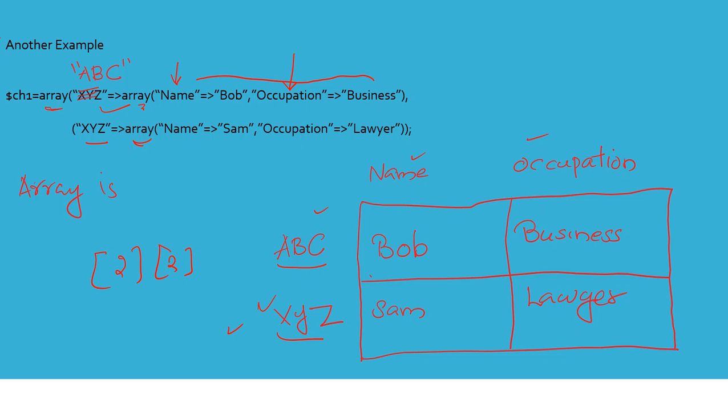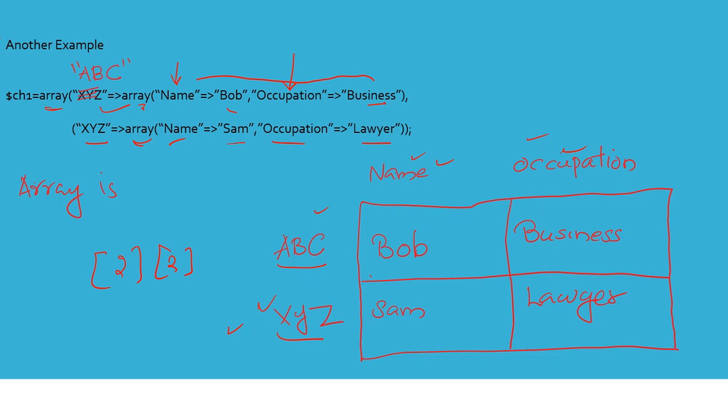The column values remain the same for both rows, as we know. The same name and occupation values are inside the second array function also, and the values respectively are: first row first column Bob, first row second column business, second row first column Sam, second row second column lawyer.